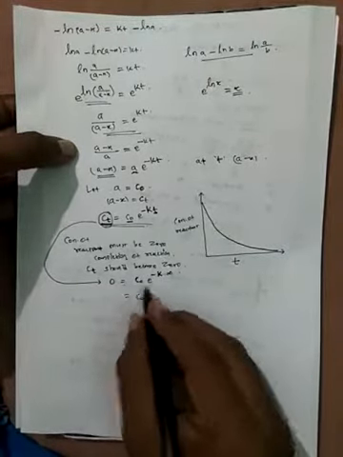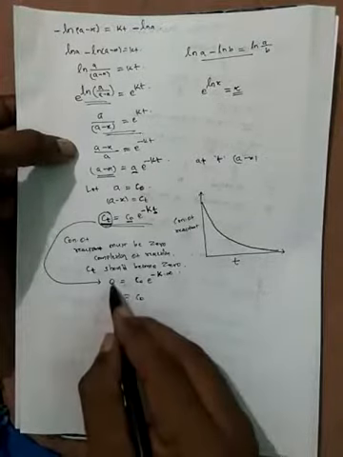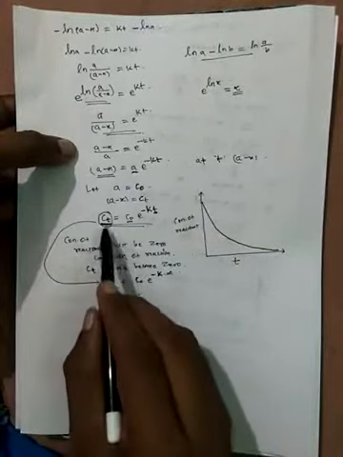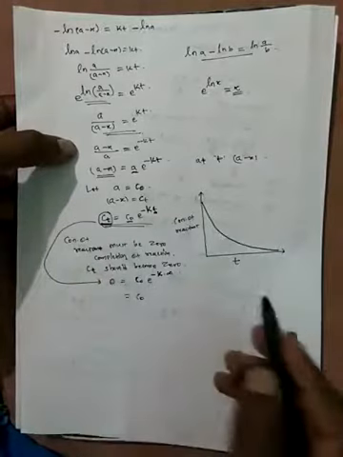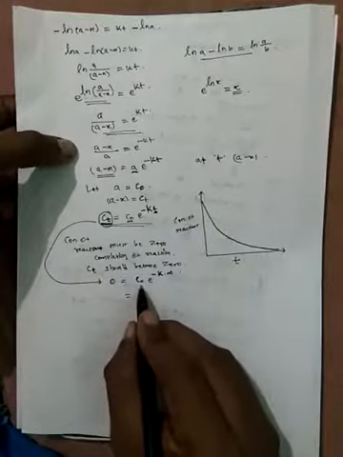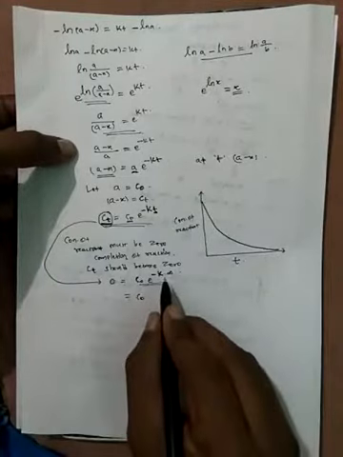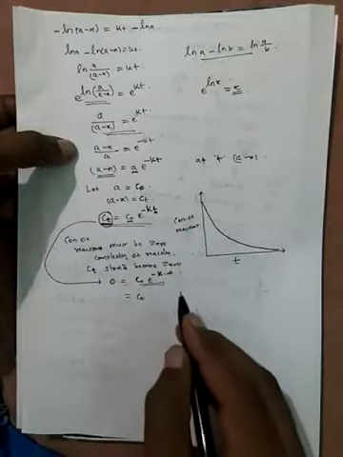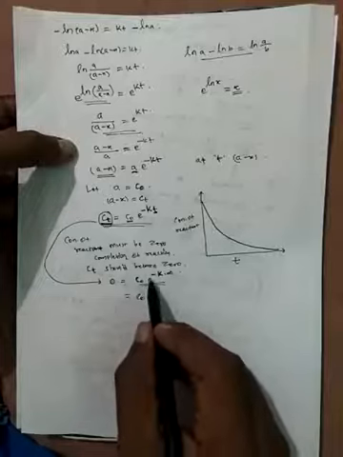The right hand side and left hand side should be equal, right? The left hand side is 0 already. For the completion of reaction, Ct, the concentration of the reactant, must become 0. So the right hand side also should become 0, that the whole term should become 0. I'm just substituting time equal to infinite, just to prove that the right hand side should become 0.